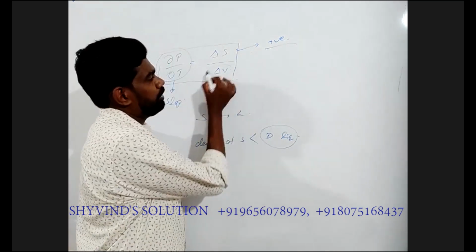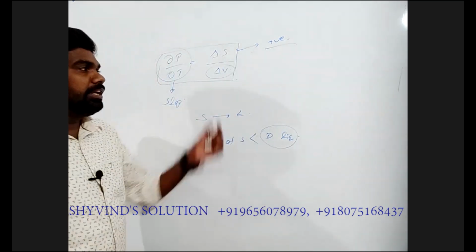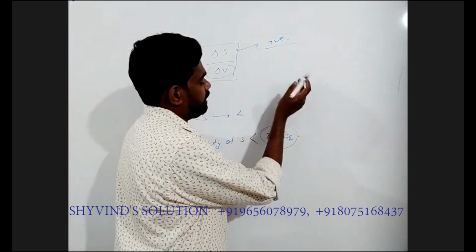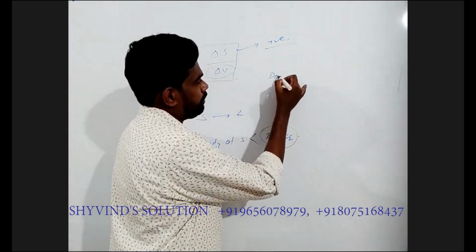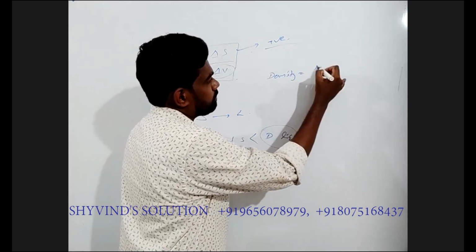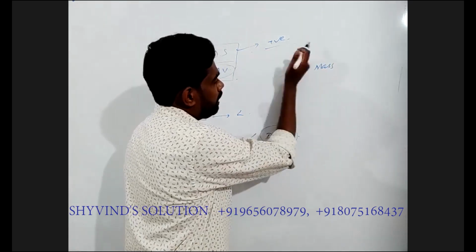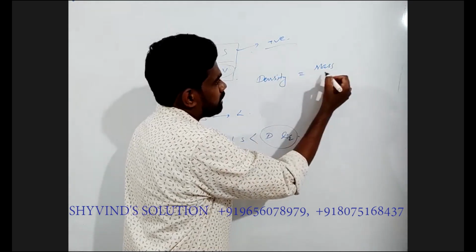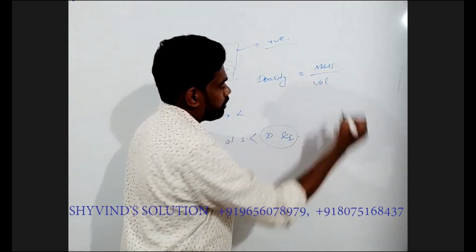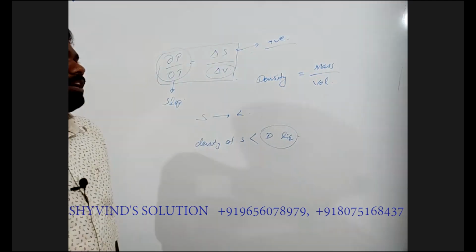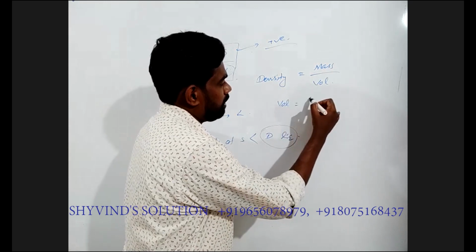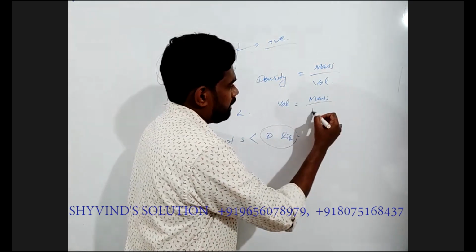What about the volume? We need to get the volume of these two species. So what is the relation between density and volume? Density equals mass divided by volume, or volume equals mass divided by density.